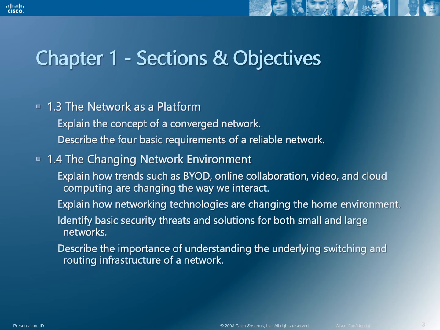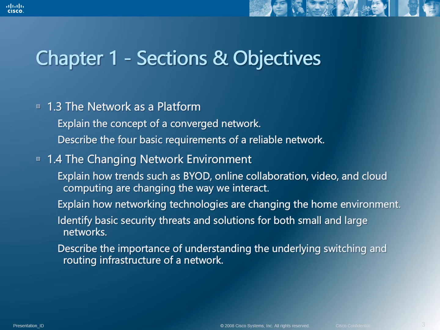We'll talk about a converged network, what that means, how we're incorporating different technologies and making the home more accessible from anywhere due to network introduction to various devices. We'll look at the 4 basic requirements of a reliable network, and reliability is a very important aspect of networks. And we're going to look at the changing network environment.